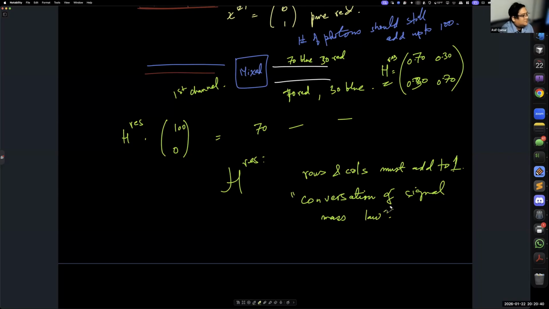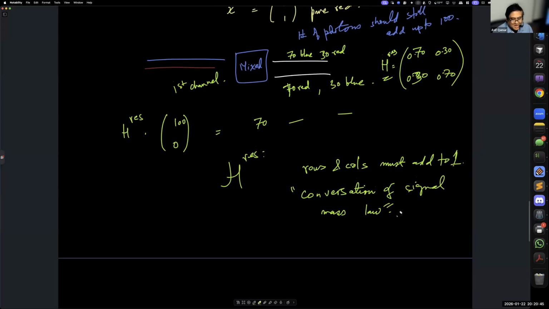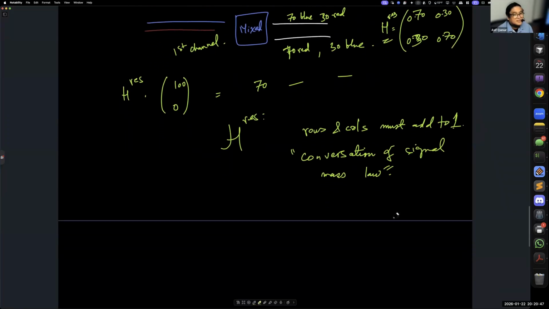Let me call it a conservation of signal mass. Is it intuitive, guys? The total number of photons should remain the same, right? You're just saying that the signal mass should remain conserved. This has a fancy name in mathematics. Matrices where the rows and columns add up to 1 have been discovered in other contexts, and those matrices have a very lovely and fancy name. Can anyone guess what that name is? Identity matrix?